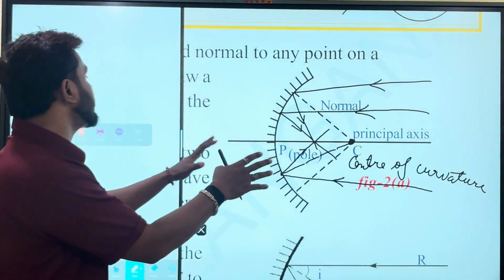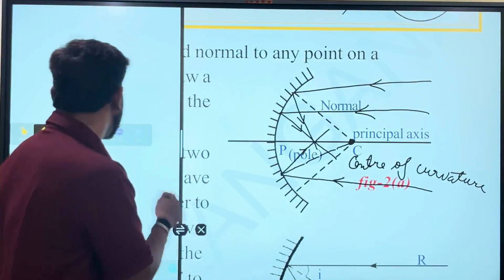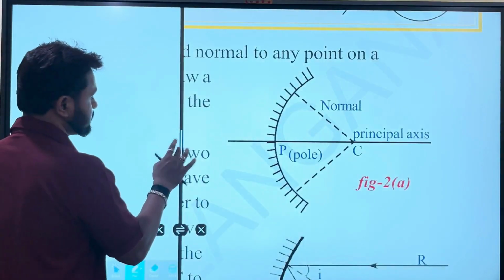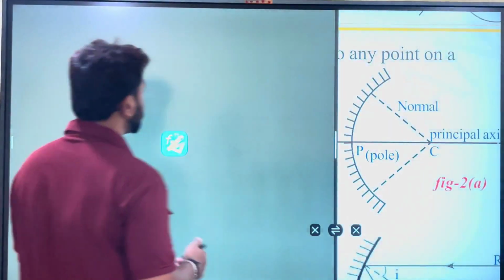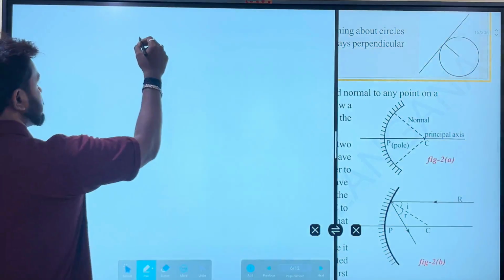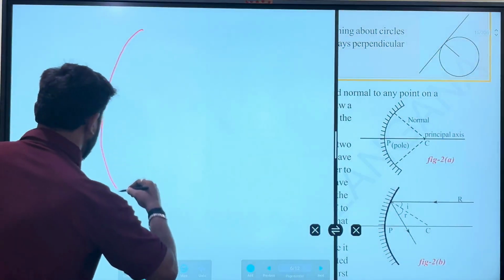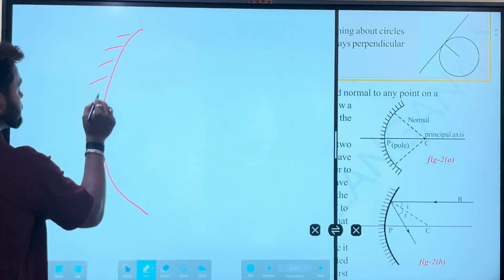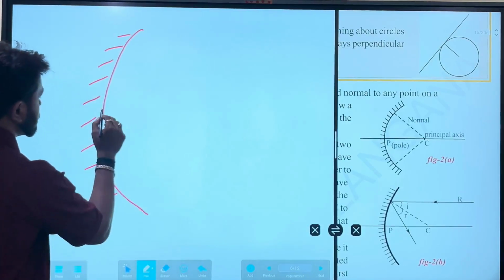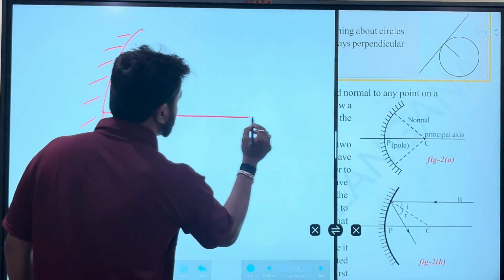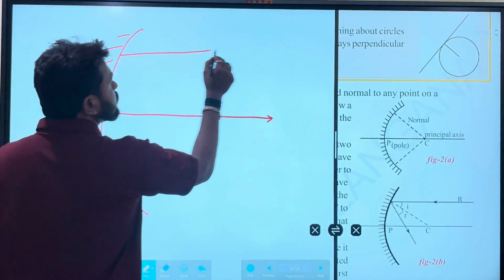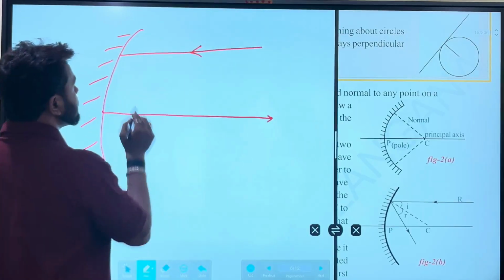If you want, this is looking a bit clumsy. I will draw it for you over here, and I'll show you again. Let me draw this. Now, as I told you, this is a ray of light which is coming from infinity.